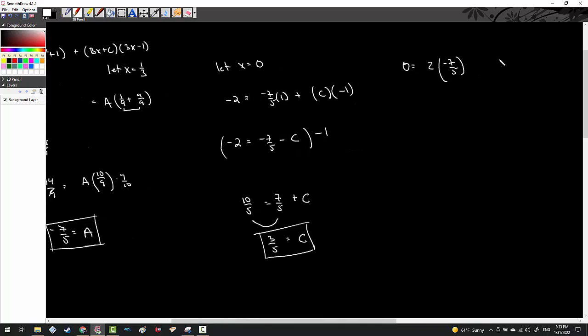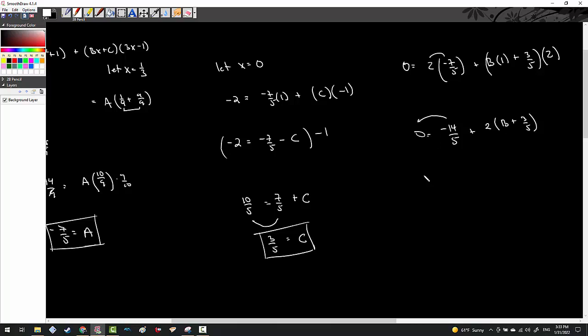And then that's going to be plus b times, again, we let x be 1, so we're going to call him 1 in here, plus c, well, c is 3/5. We found that out a little while ago as well. Times, 3 times 1 is 3, minus 1 is going to be 2. Again, our objective is to solve for b at this point. So I'm going to multiply this in. I'm going to get -14/5 plus 2 parentheses b plus 3/5, and that's going to equal 0.